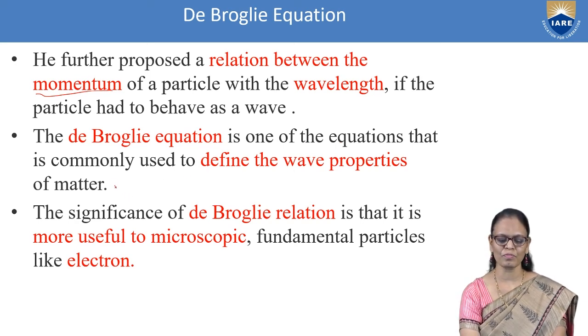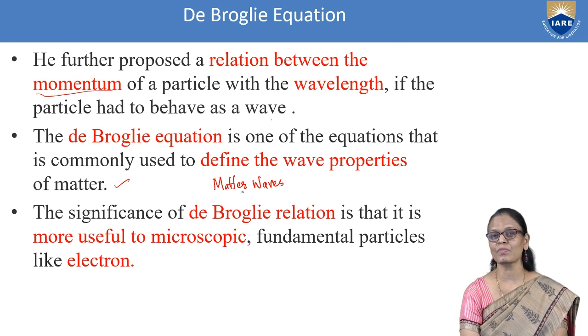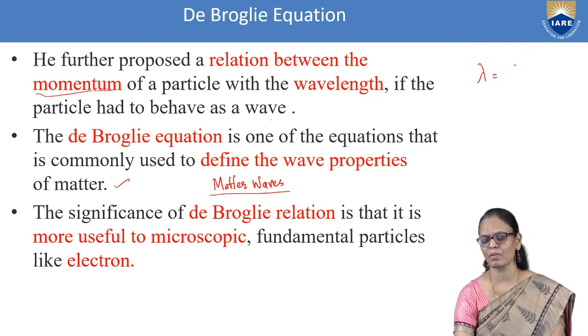Then what he said is, when this particle exhibits wave nature, they are called matter waves. He called them a different type of waves, because for light we talk about electromagnetic radiation, but for matter we call them matter waves. And he derived a relationship between the two, and that is the famous relationship lambda is equal to h upon p.